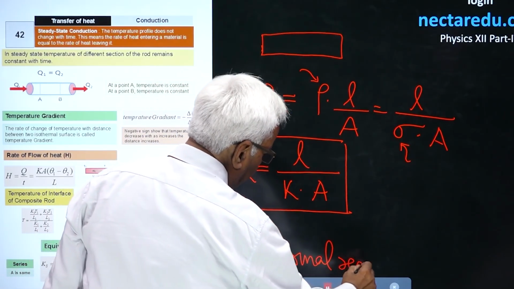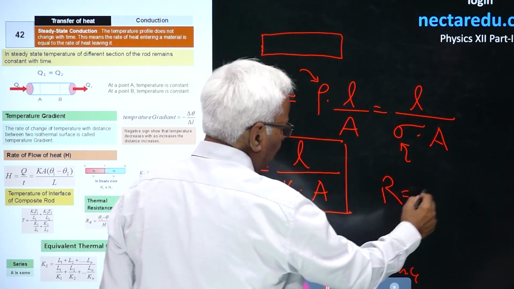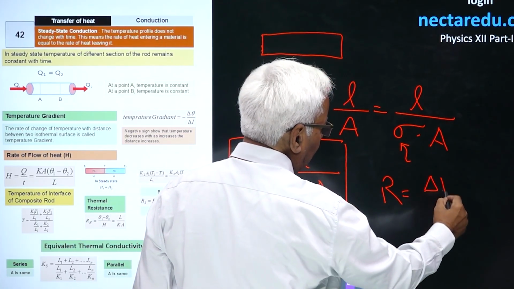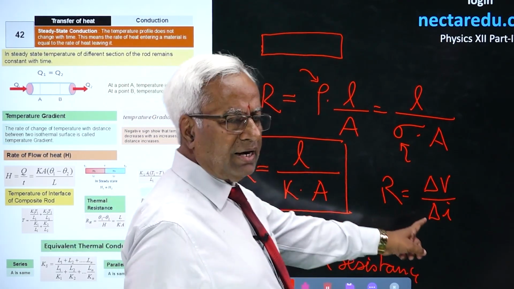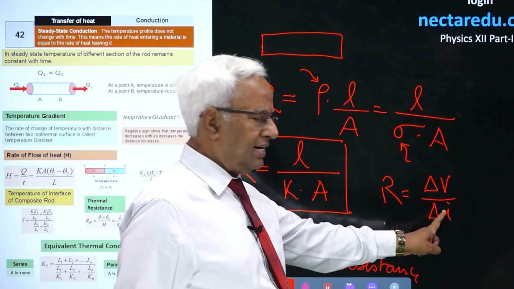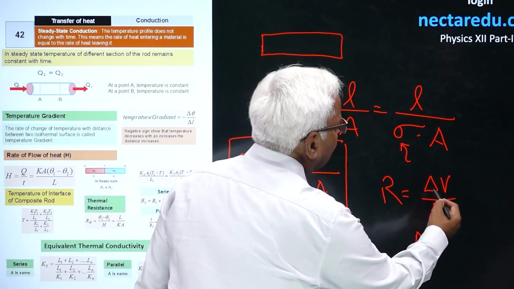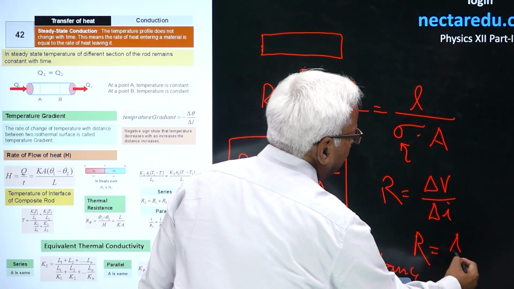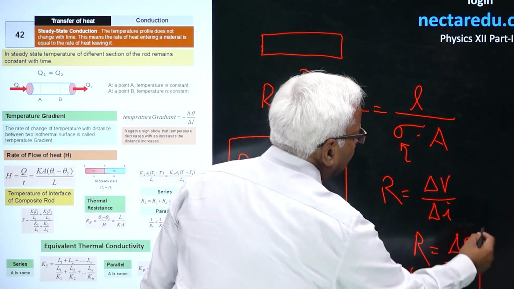But we have to remember that resistance in electricity is defined by potential difference upon current. Normally, we don't write delta I. This is mostly written as I itself. But here in case of thermal current, in place of potential difference, we are going to use delta theta, and in place of current, we are going to use the thermal current.